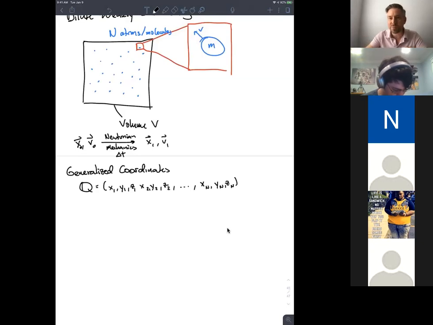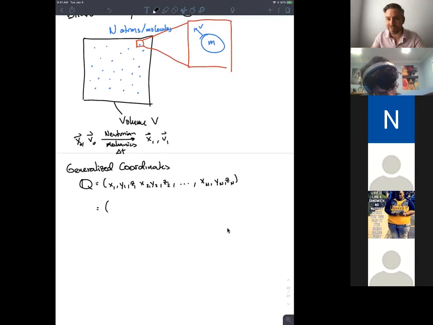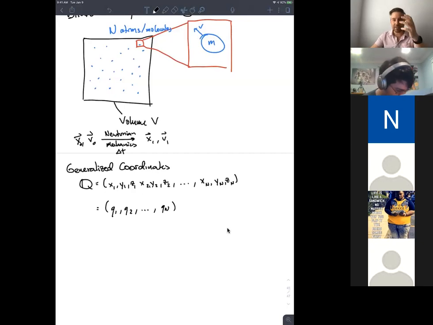So it's just the spatial coordinates of every atom in the box. Again, you don't have to work in Cartesian coordinates, so in general, spatial coordinates I'm going to call q. That's why I wrote it as the big fancy Q: the big fancy Q is the collection of all the smaller individual qs. So this would be q1, q2, and so on, up to qn. That's the positions of every molecule in the box.